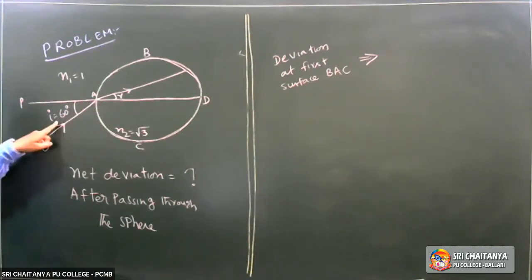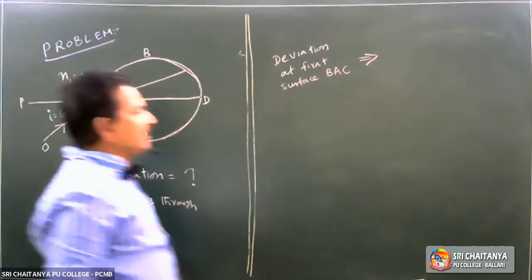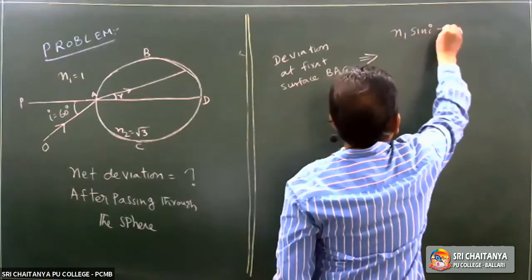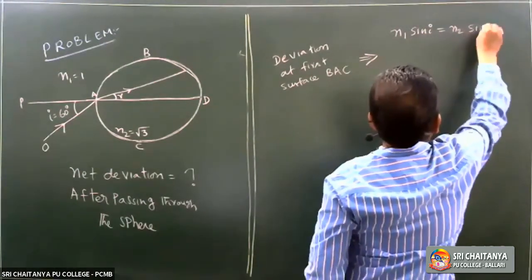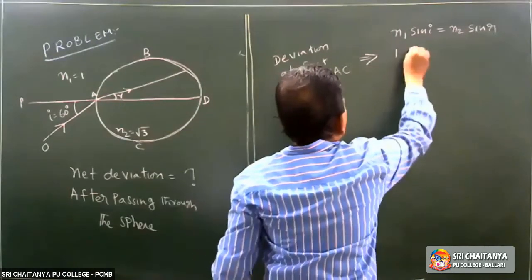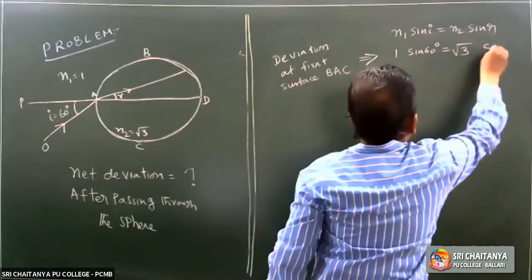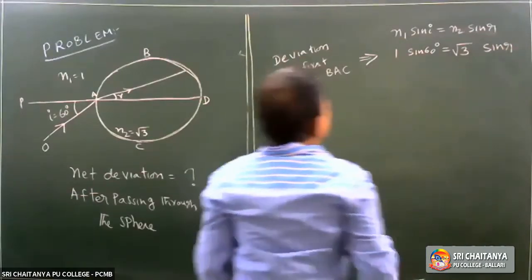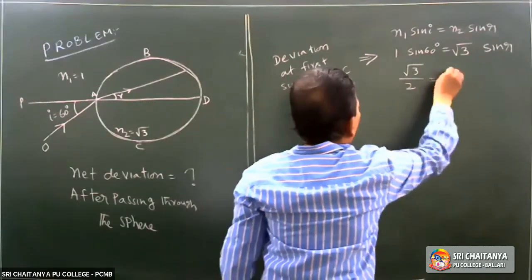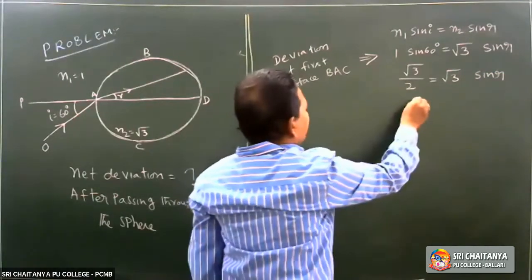N1 sin I is equal to N2 sin R. I am using Snell's law. N1 sin I is equal to N2 sin R. N1 value 1, sin 60, N2 value root 3 into sin R. Sin 60 value root 3 by 2 is equal to root 3 into sin R. Root 3 cancels.